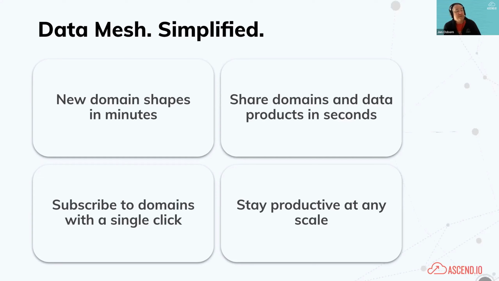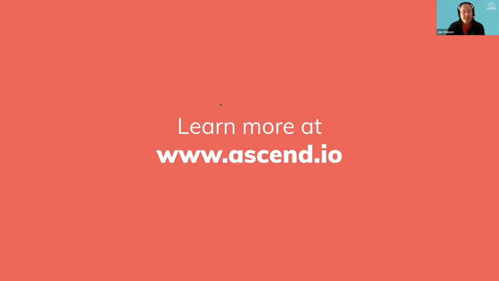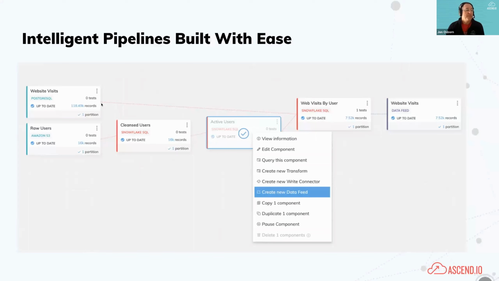We think automation through Ascend will help drive your productivity, keep your productivity flat as your data scales. And then, of course, sharing products and sharing data in Ascend is super easy, in seconds. This is a little view of the UI. Before I go and do a quick demo, though, I did have a couple questions that came up.